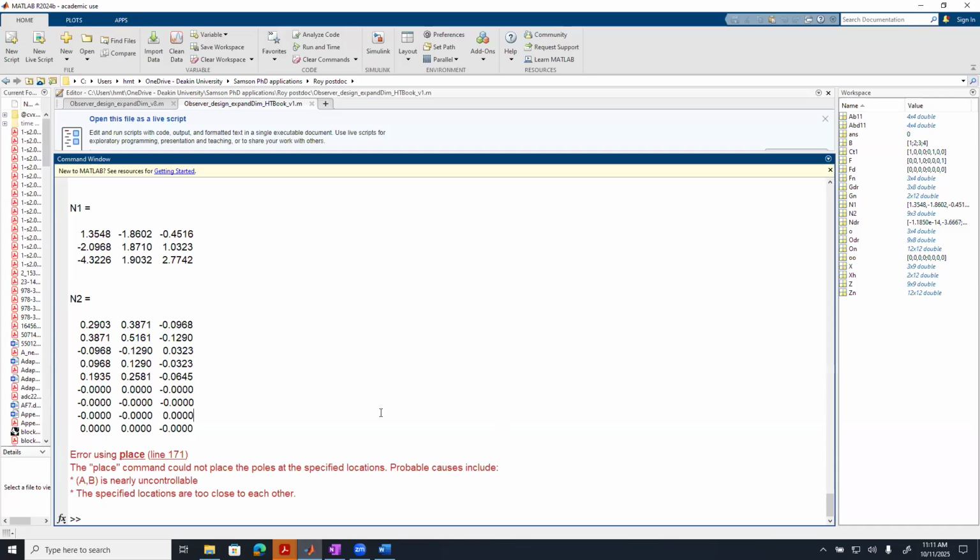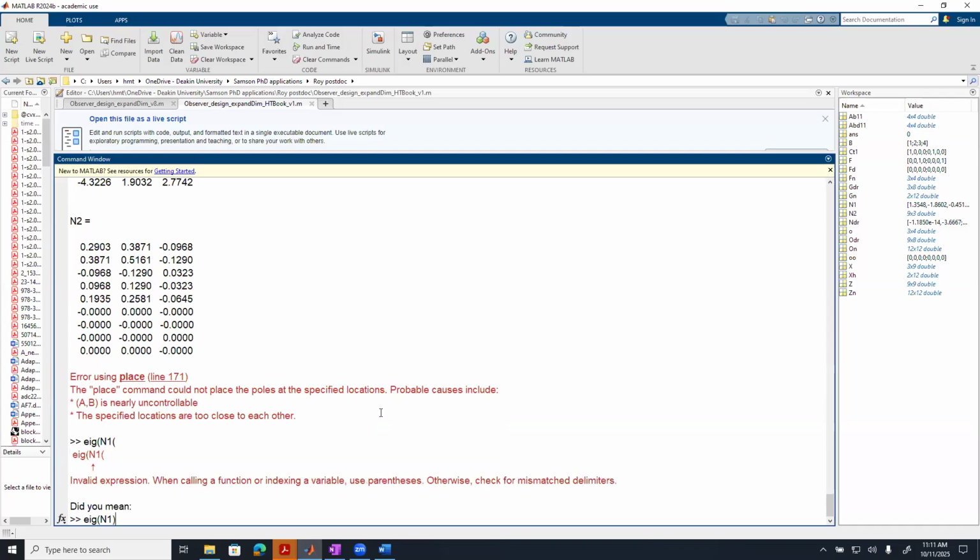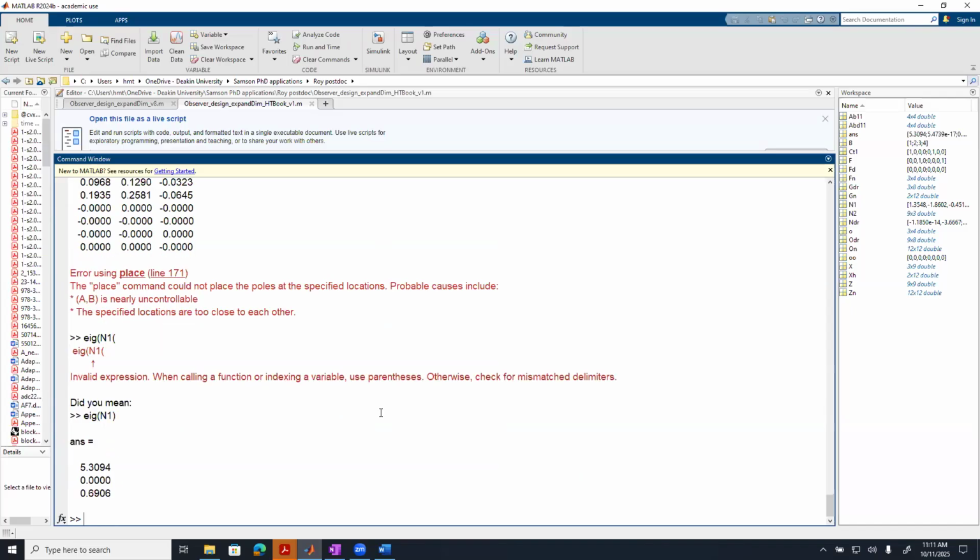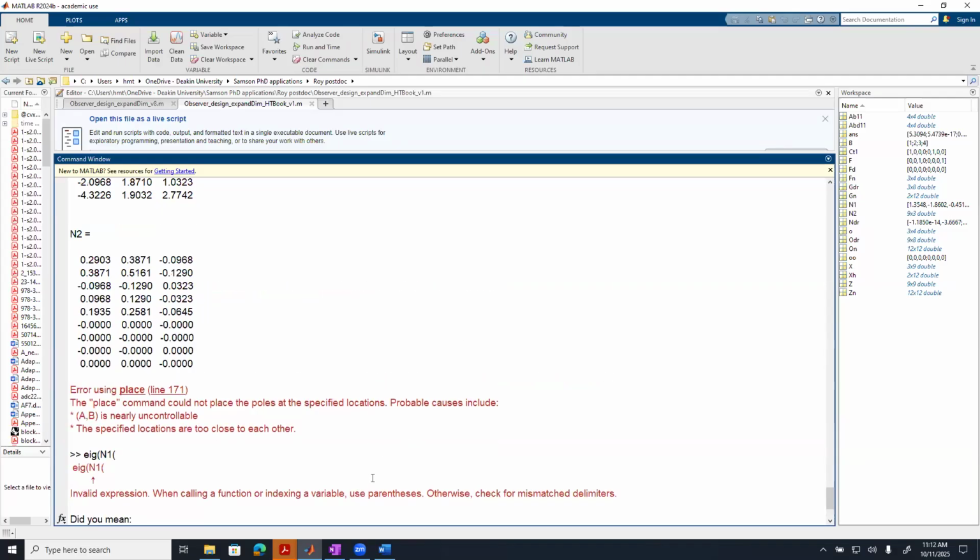When we check the eigenvalues of matrix N1, we can see that these two fixed poles still remain the same as for the second order system. And so we have a problem.